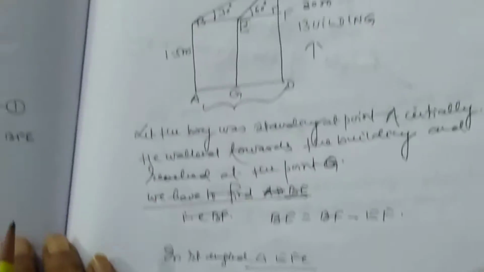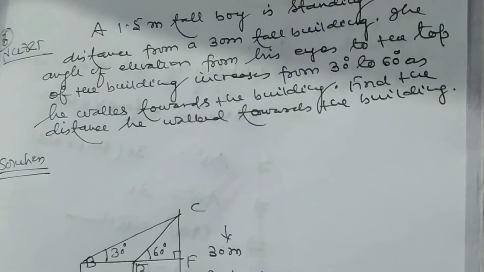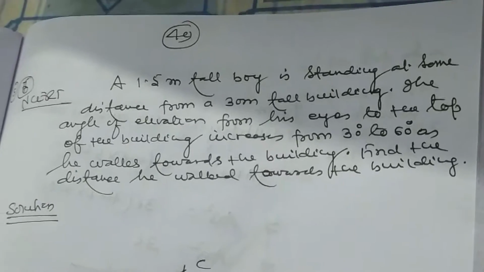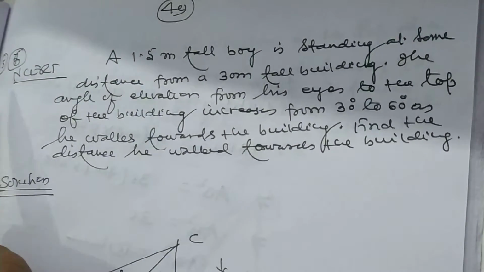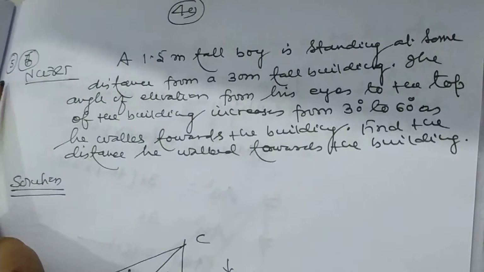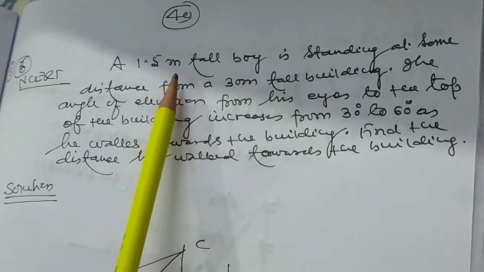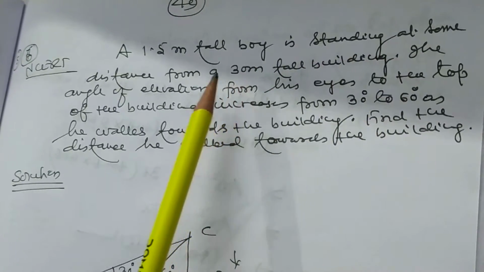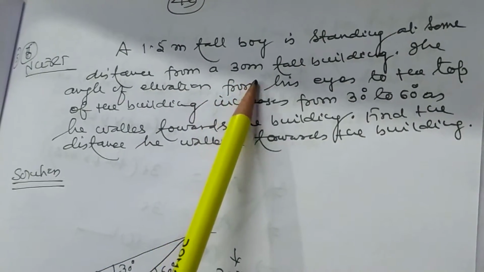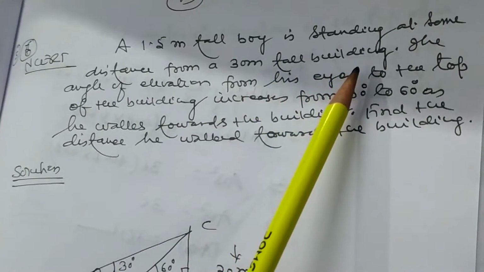All are one step problems, my dear students. Now we want to solve problem number 6 of NCERT and problem number 5 of the study material. A 1.5 meter tall boy is standing at some distance from a 30 meter tall building.